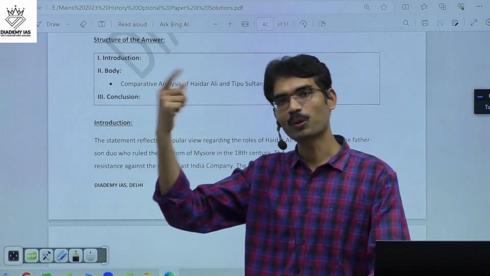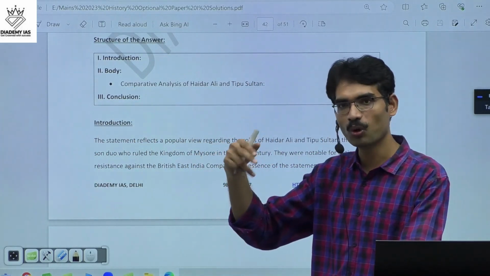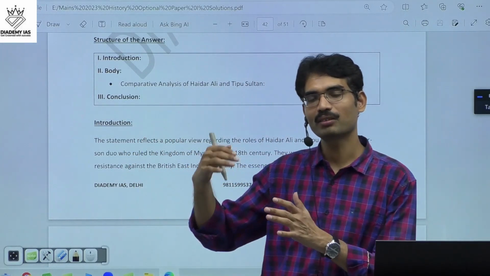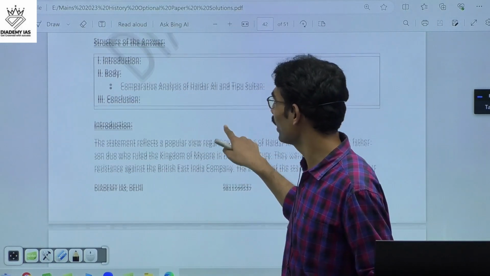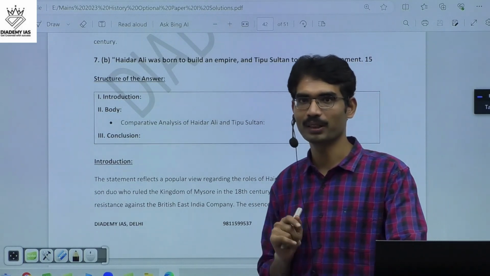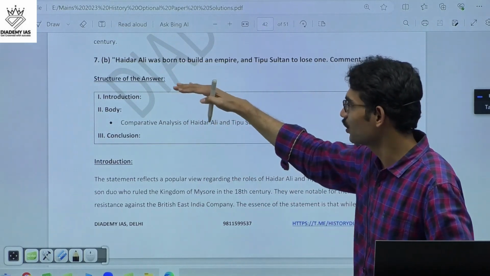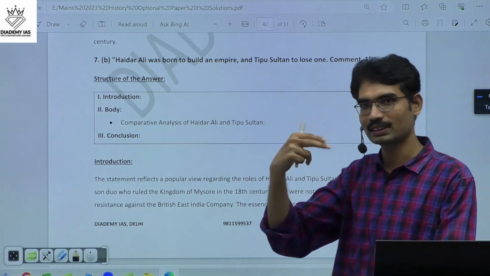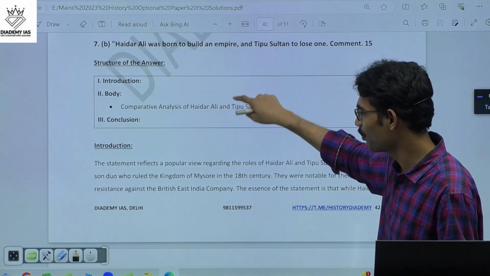But when it comes to the opponent, the Britishers were more diplomatic, more powerful, and they had more advanced weaponry in comparison with Tipu Sultan. That is why Tipu Sultan had to lose his kingdom to the British. That is why you be objective: you will mention Hyder Ali's successes and Tipu Sultan's successes, and Tipu Sultan's limitations also. Both aspects you need to mention here.